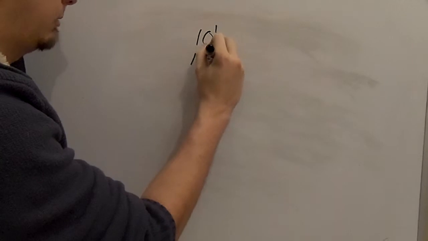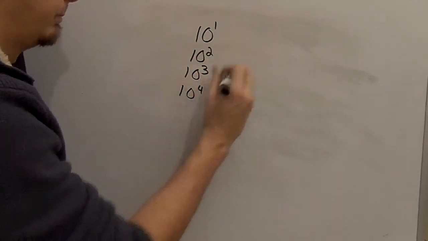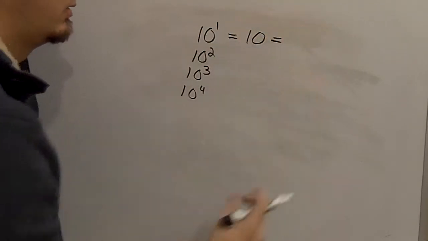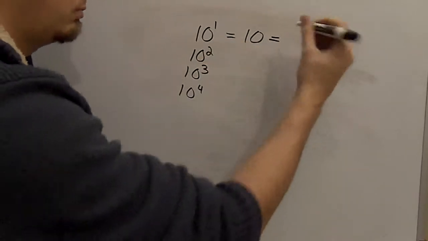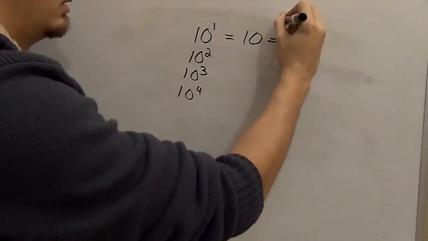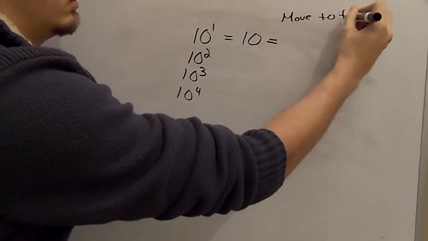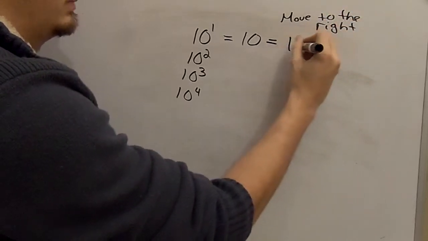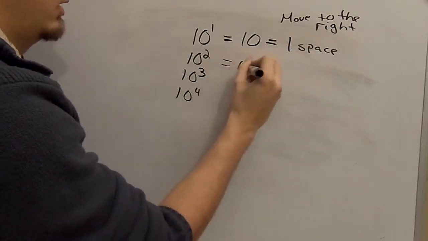If you take a look at the powers of 10, they have a special property about them. So 10 to the first is equal to 10, and what's special about multiplying by just 10 is it just moves the decimal place over once. So this is going to move to the right, 1 space. 10 to the second power is actually 100.